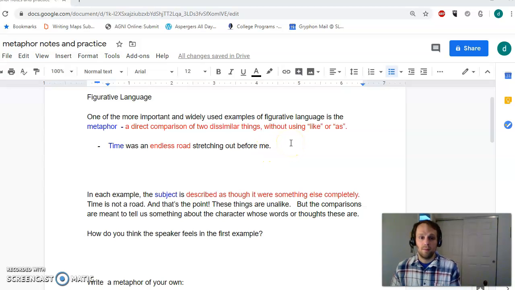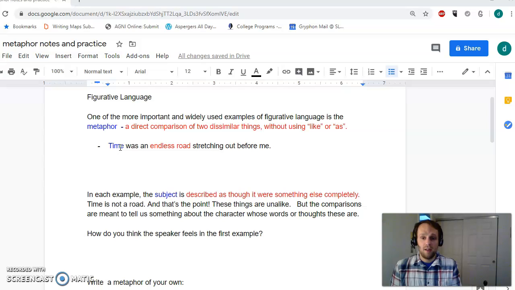So both of those things, to say that this thing is the other thing, is obviously figurative language because of the fact that these things are nothing alike. That's the second part of our definition. And so the third part, without using like or as, we'll get into that next when we go into similes. But essentially that's what a metaphor is.